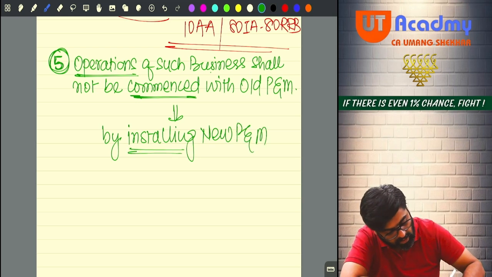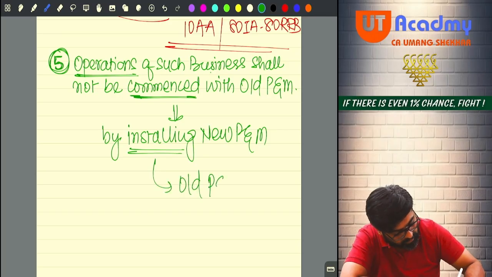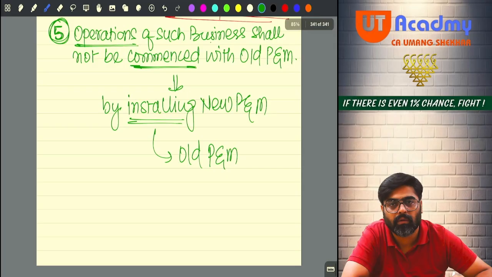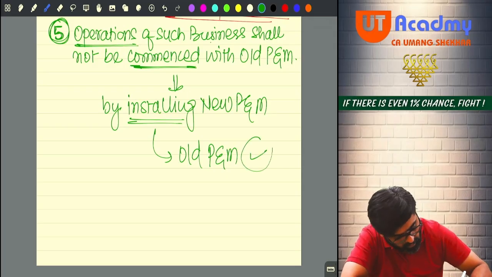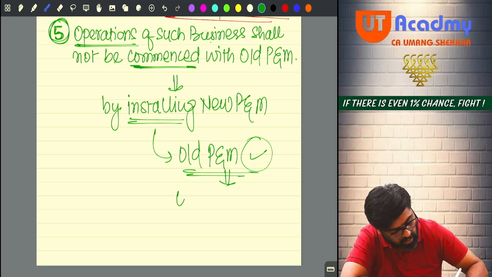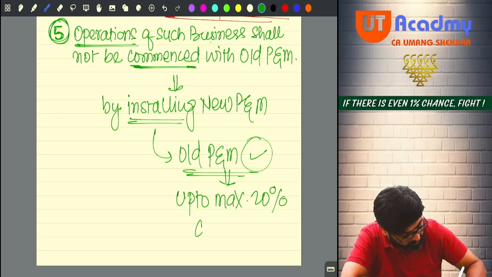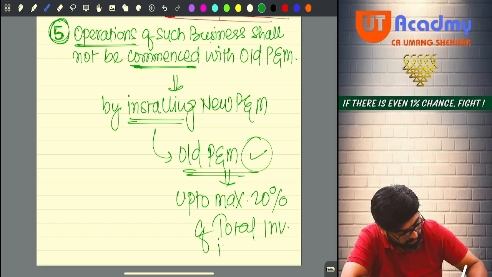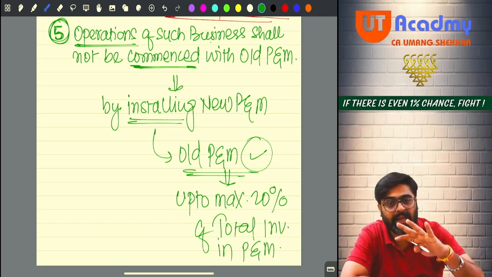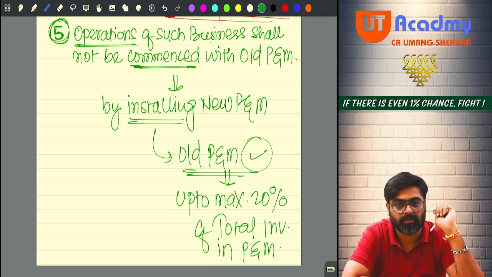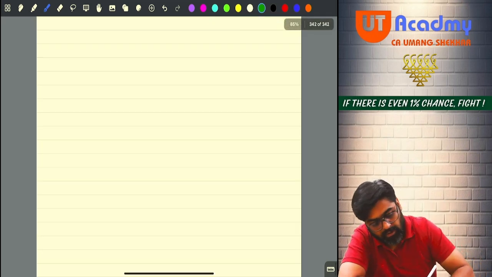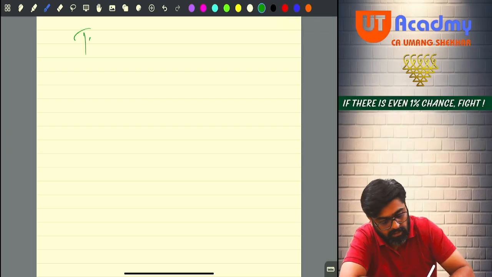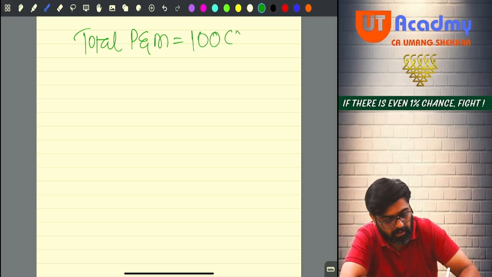Meaning, if you are installing old plant and machinery, is it allowed? Yes, allowed, up to a maximum of 20% of total investment in plant and machinery. To start the business, total plant and machinery you acquired was 100 crores.